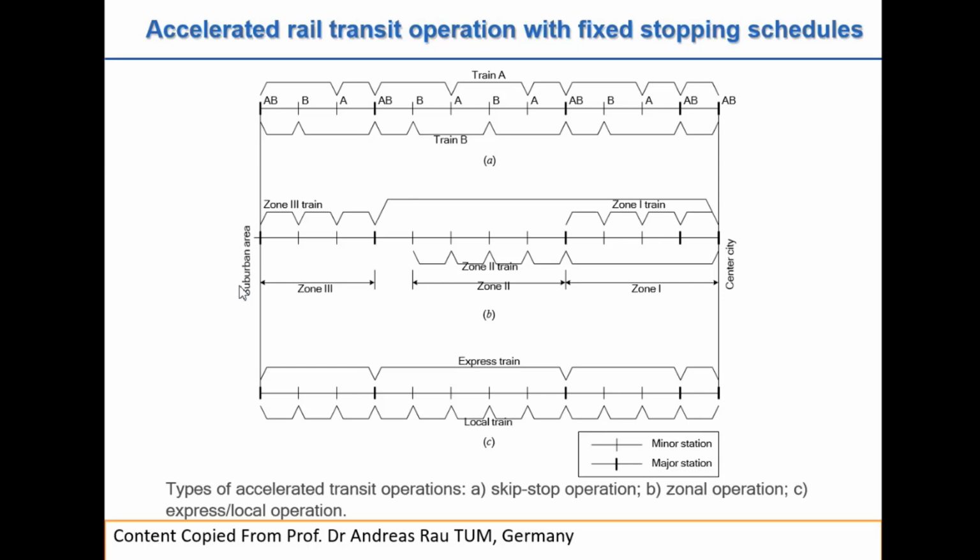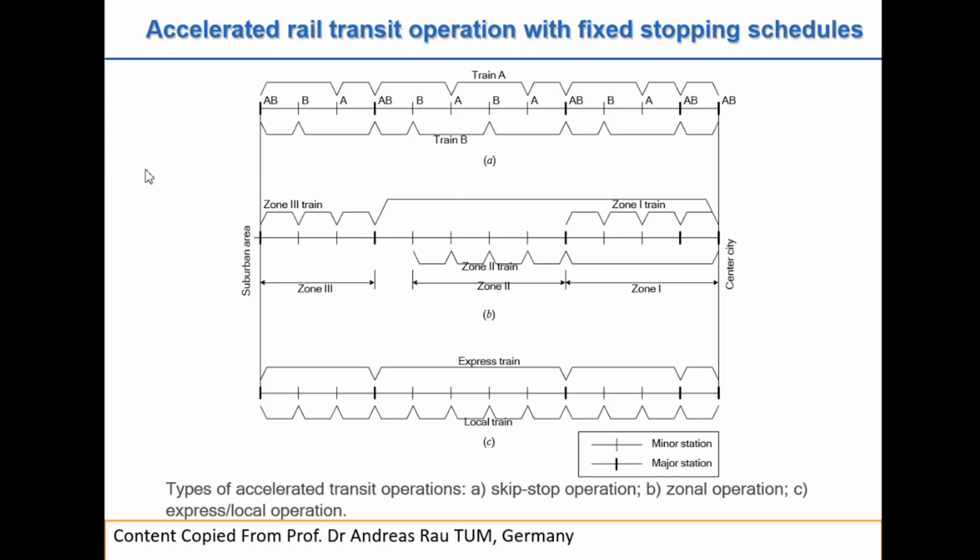As you can see here, train A is a typical example of skip stop and zonal stop in express trains. Train A stops only at particular stations, for example first, then third, then 7th, then 10th, and then 11th.